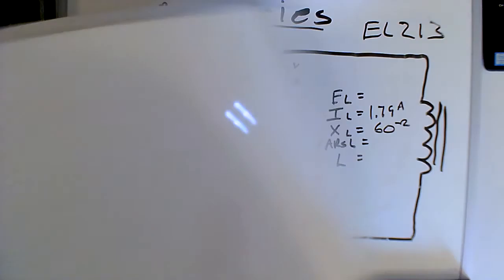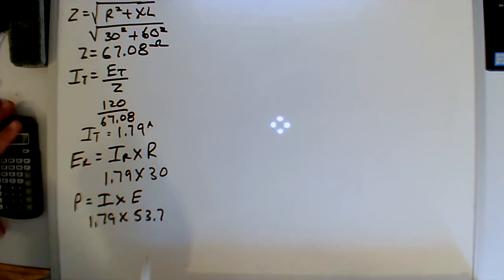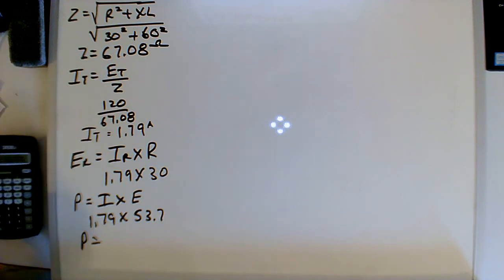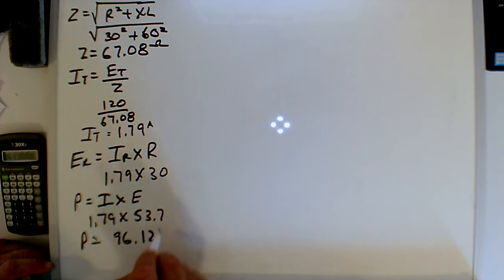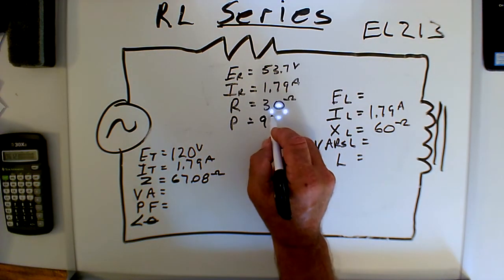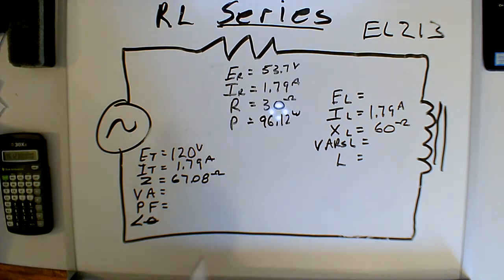I forgot to write it down. So in this case, P is equal to 96.12 watts. So the wattage, 96.12, that would be true power.